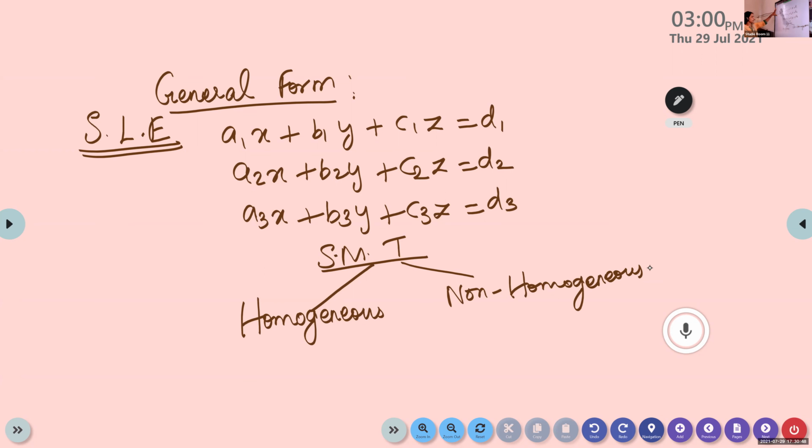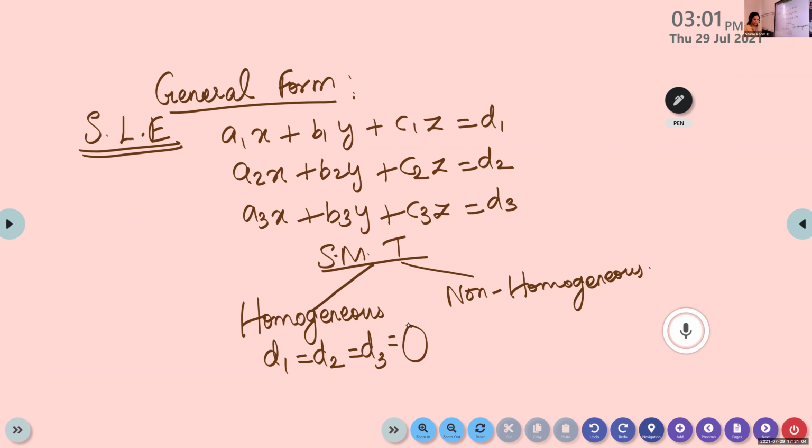Suppose we are given a simultaneous linear equation. If the constants d1, d2 and d3 are 0, then it is said to be a homogeneous equation.